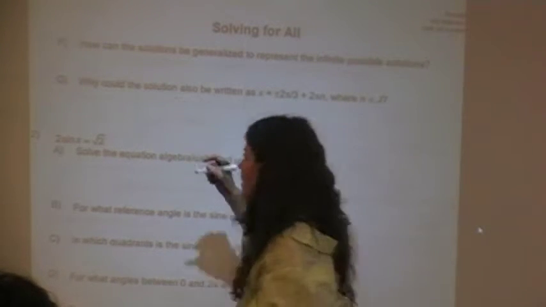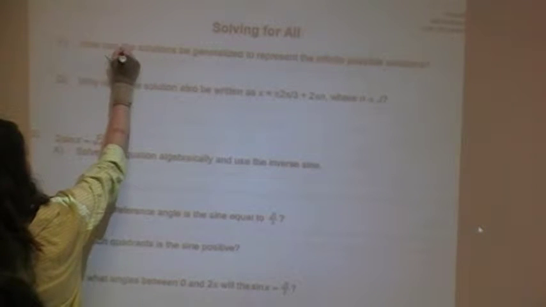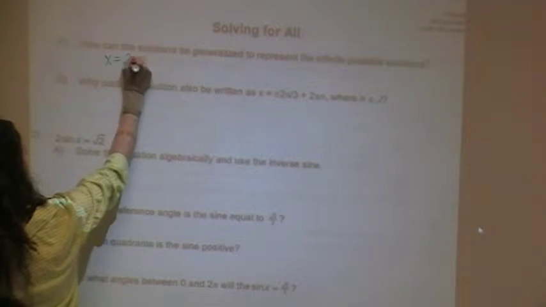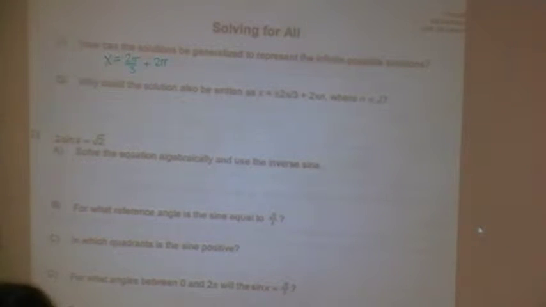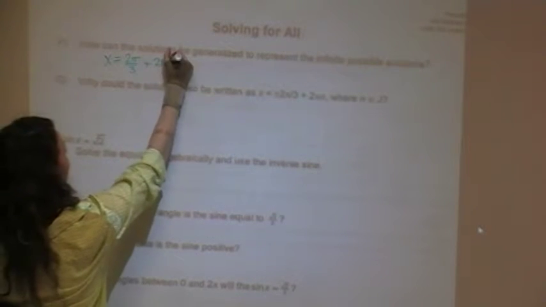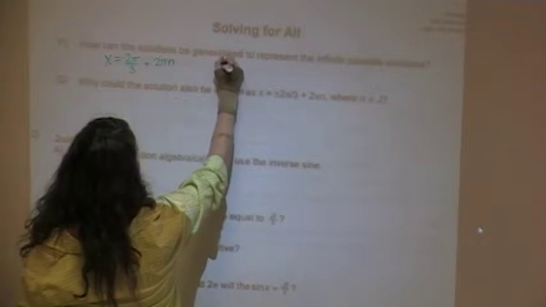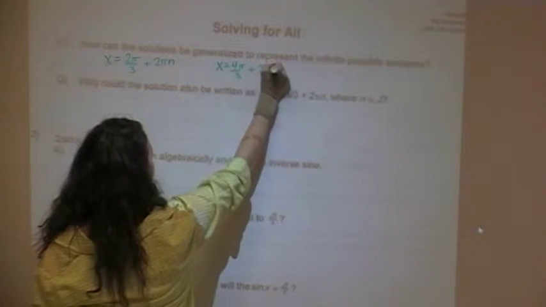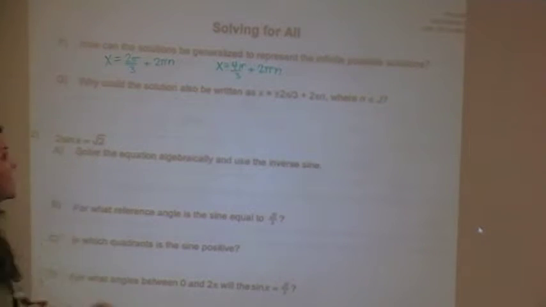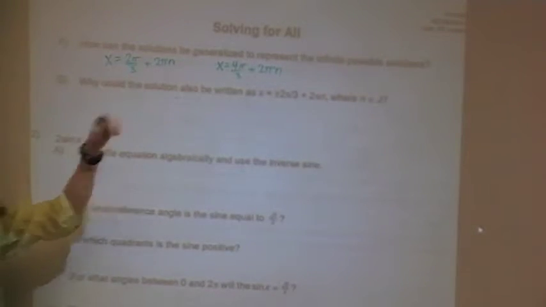So if we're going to generalize that, I would say x equals 2 pi over 3 plus 2 pi, how many times? N times. And x equals 4 pi over 3 plus 2 pi n times. And that's because I need both the going in the water and the coming out of the water answer.